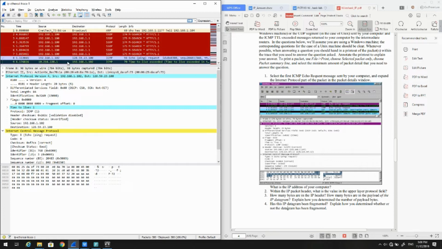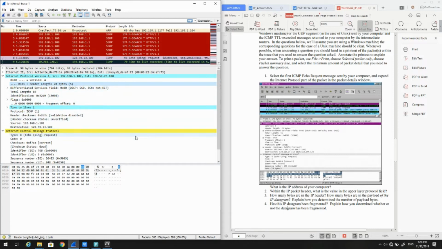That is the value of the upper protocol field. The upper protocol field is ICMP (1). Next is the IP header: how many bytes are there in the IP header? It is shown here that the IP header size is 20 bytes.